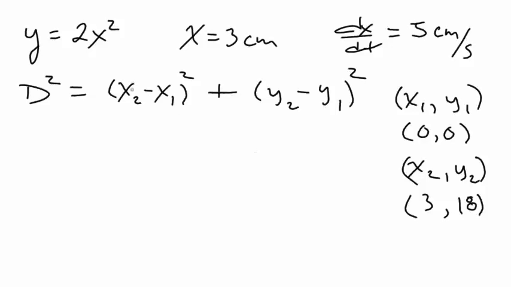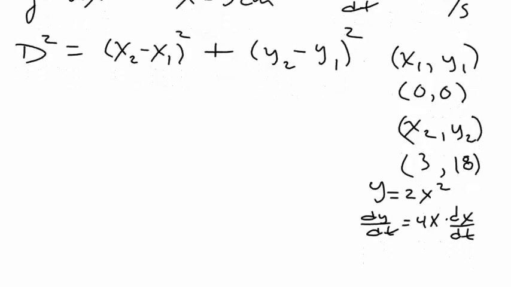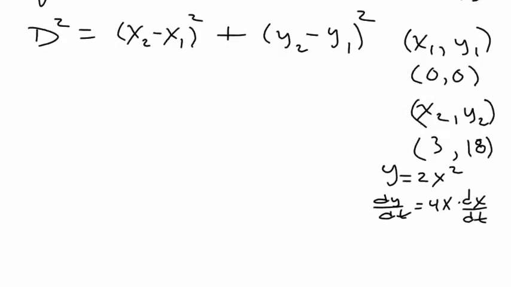Okay, so we've got that. Well, we're going to need some other things. What about dx over dt? We got that. dy over dt, we're going to need that. So I'm going to write y is equal to 2x squared, and then take the derivative. dy over dt is equal to 4x times dx over dt. We might as well get this out of the way.